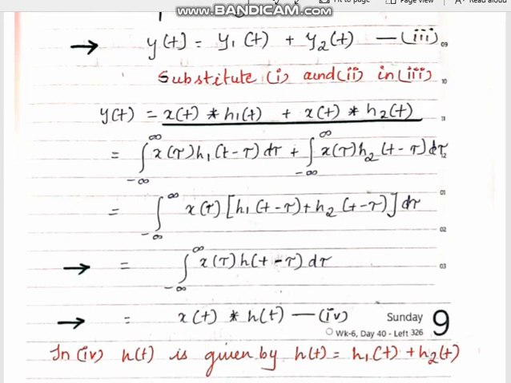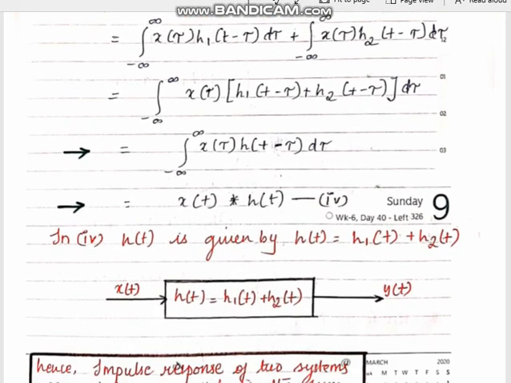Further simplify this convolution with the integral. How will it change? Integral from minus infinity to infinity of x of tau h1 of t minus tau d tau, plus integral from minus infinity to infinity of x of tau h2 of t minus tau d tau. Clear? In the next step, we have taken x of tau as common, and we have represented this entire parameter, that is h1 of t minus tau plus h2 of t minus tau, in terms of h of t minus tau.